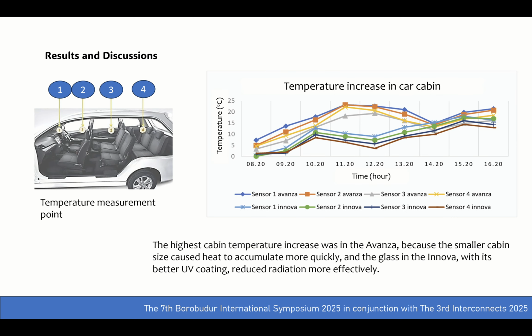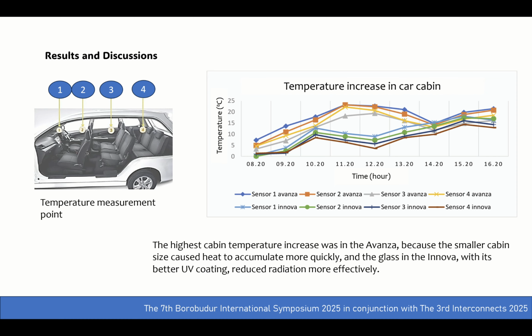and we can see the cabin heat temperature increase in the Avanza, because the Avanza has a small dimension, and because of the small cabin size, heat accumulates more quickly. In the Innova, the better UV coating reduces radiation more effectively.